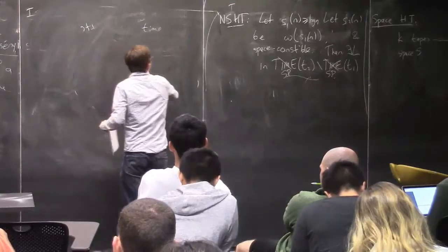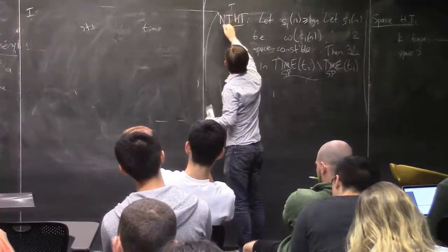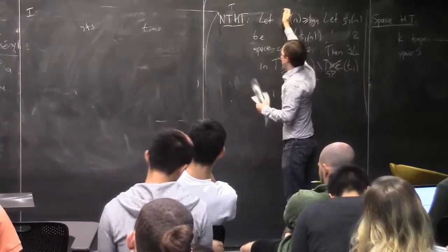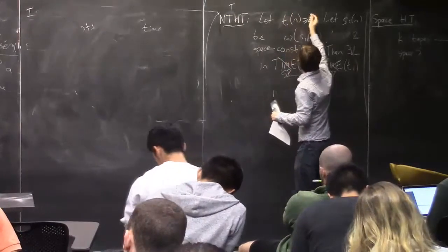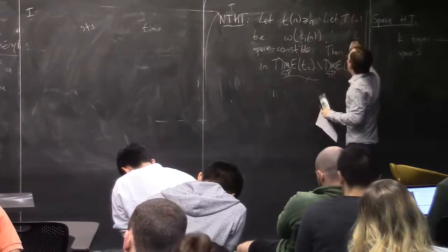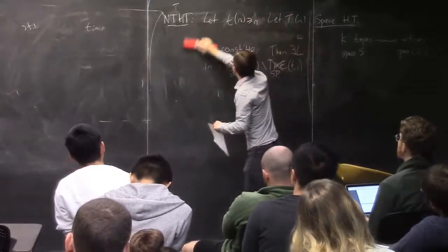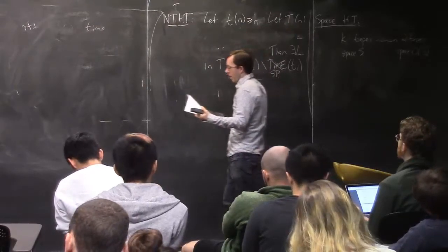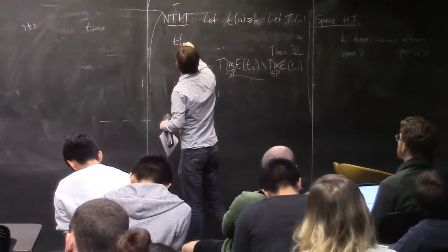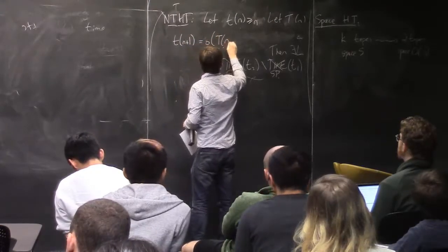Okay, so let me write down now the non-deterministic time hierarchy theorem. So let little t be at least n, and let capital T be, okay, this is where it gets funny. What we need is that t of n plus 1 is little o of T of n.